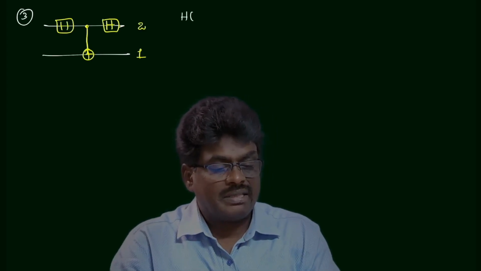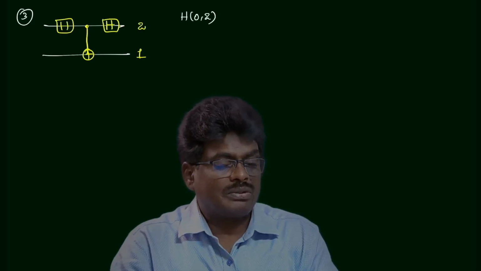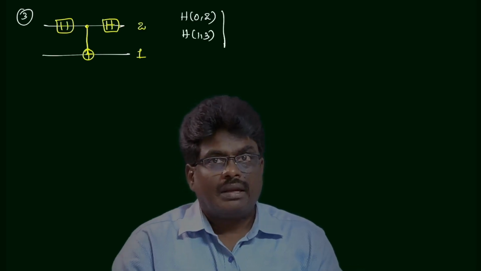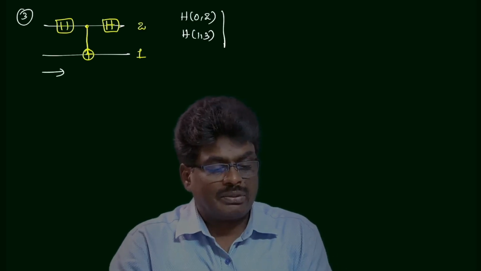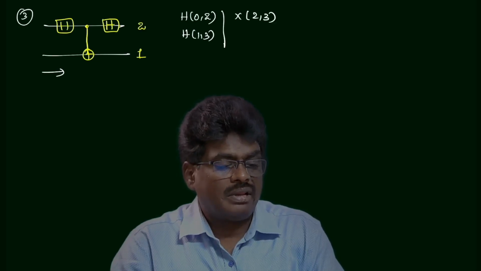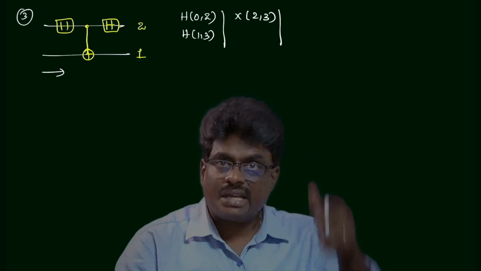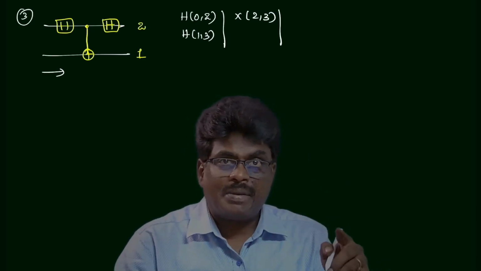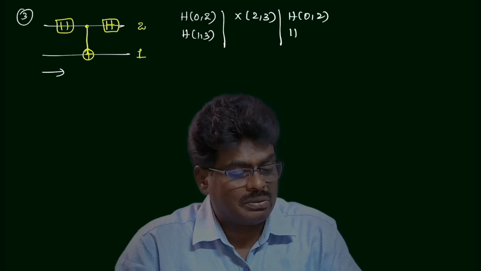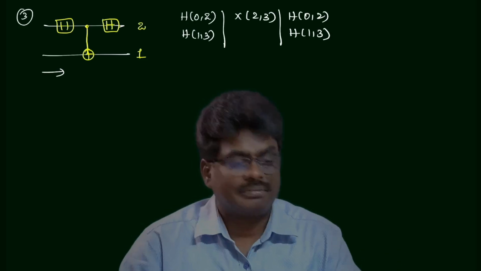First Hadamard is there, that is on 2, that's why 0 comma 2, add 1, that is 1 comma 3. Next gate is going from left to right, don't forget this, that is X 2 comma 3. I hope you understand why it is, and strike a line, and H is repeated one more time, you have to write, that is H of 0 comma 2 and H of 1 comma 3.